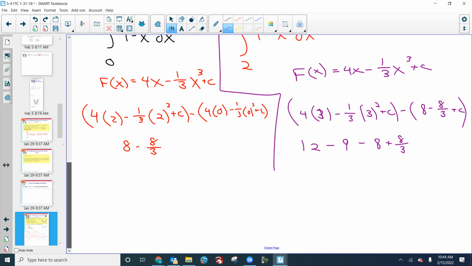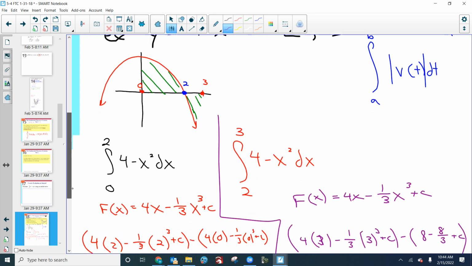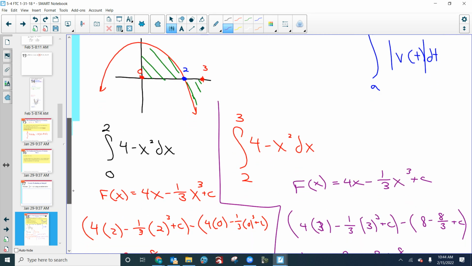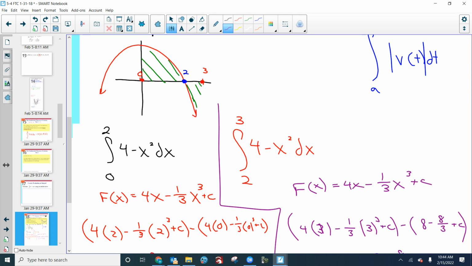All right, now, what I was going to say, if you are more advanced in the way you're thinking about this, and you know what sign needs to go between these two areas, you could subtract. Because subtracting a negative would make it positive. Do you agree?